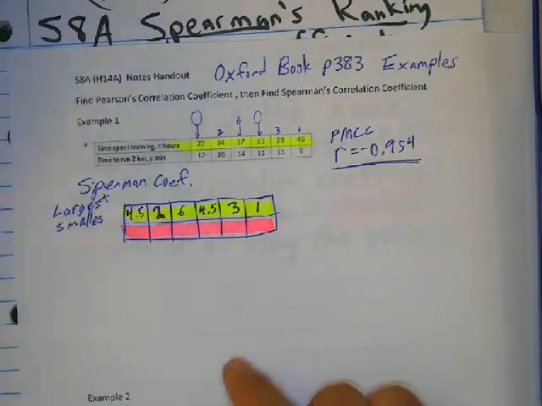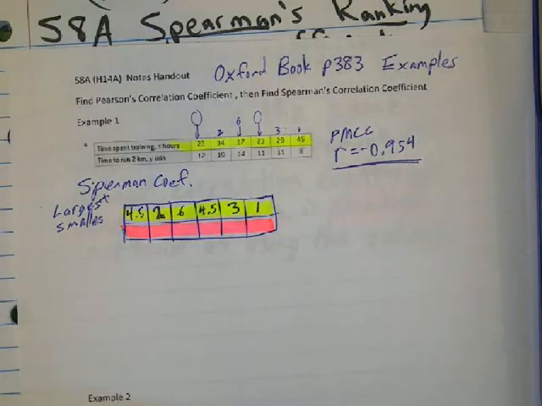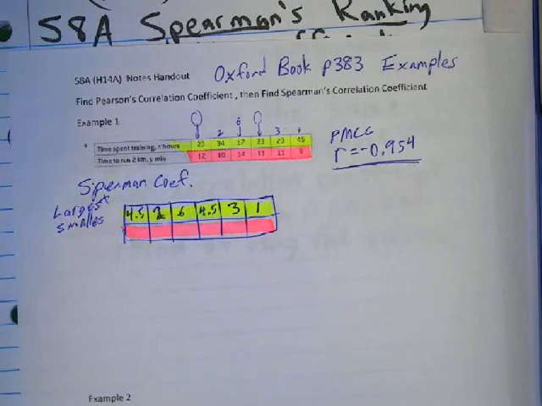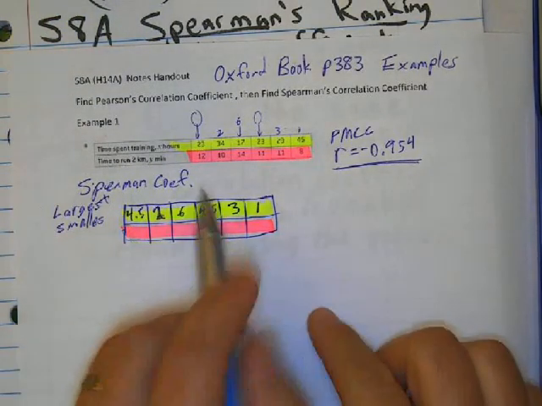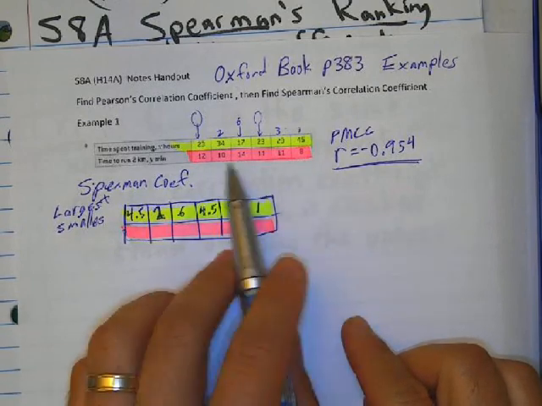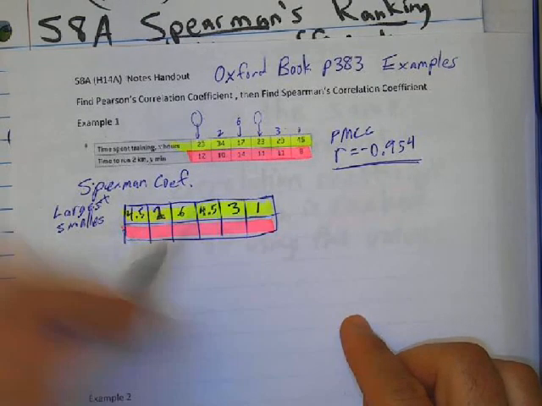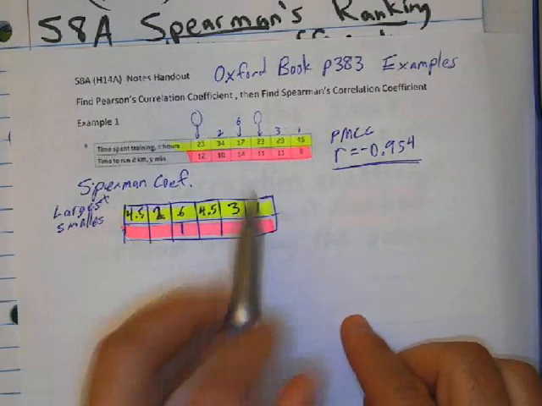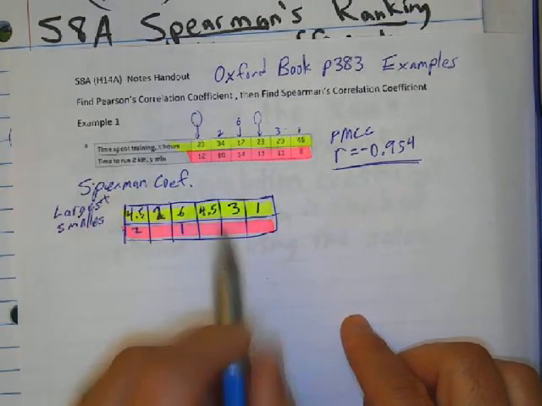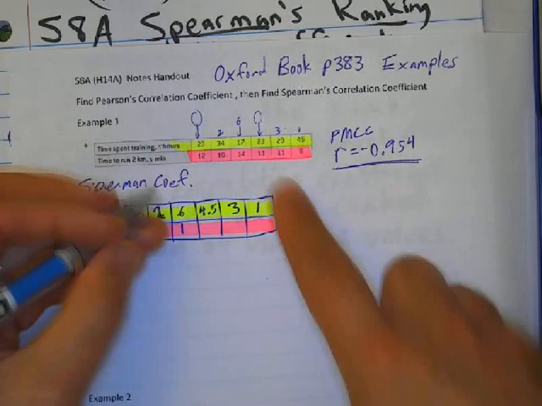Now we rank these values here as well, once again largest to smallest. The largest one here is 14, so I'm going to call that 1. The next largest one is 12, I'm going to call that 2. The next largest are these two right here.